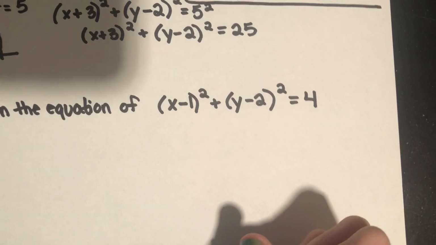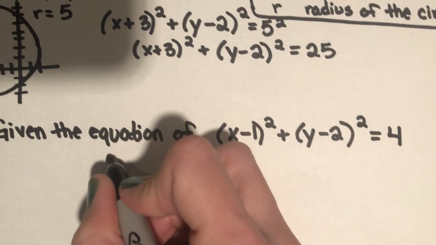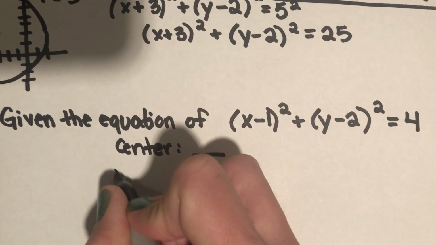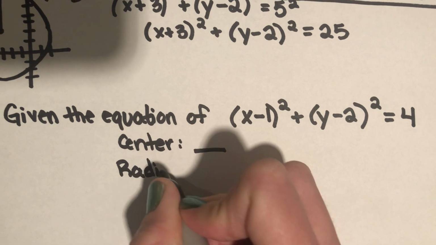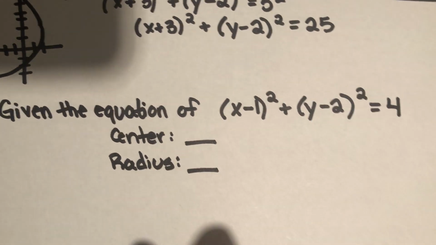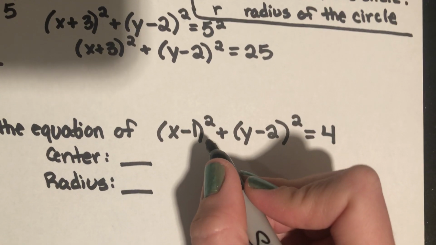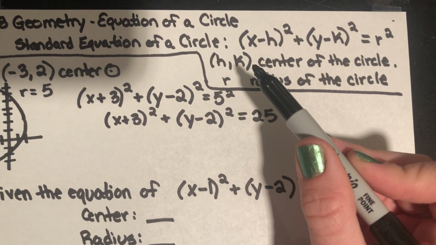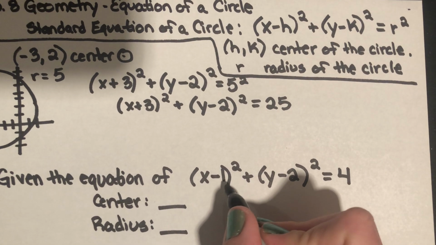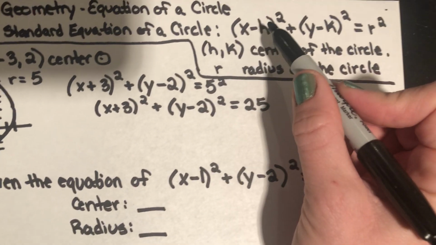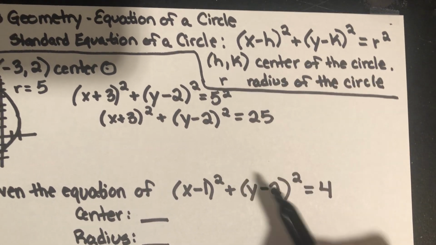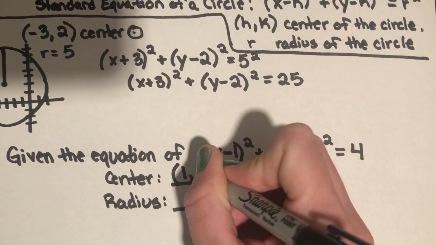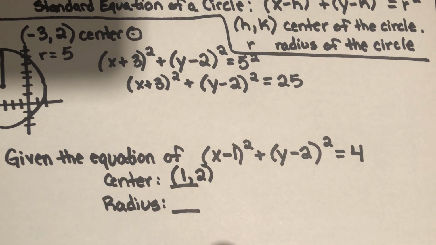I would like you to find the center and the radius. Again, h comma k is the center of the circle. With x minus h and y minus k, we are looking at the opposite of these two numbers, so our center is going to be (1, 2).